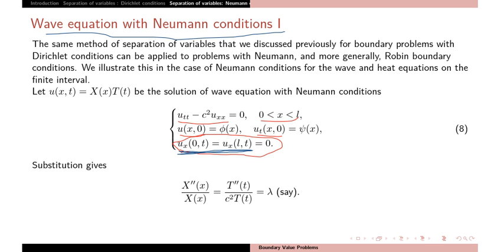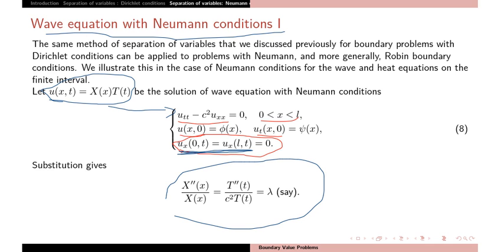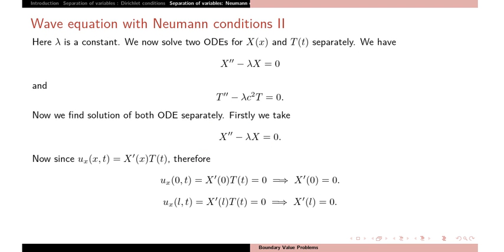As we did previously, we assume the same. So write the solution in separated form X(x)T(t). Fit the solution in the given PDE, utt minus c square uxx. Separate the variables and write equal to some constant lambda. And again we discuss three possibilities for lambda by solving two ODEs, one in x, one in t.